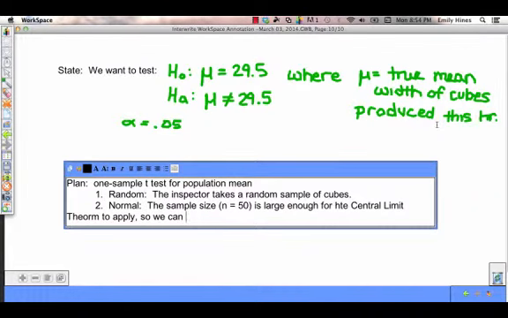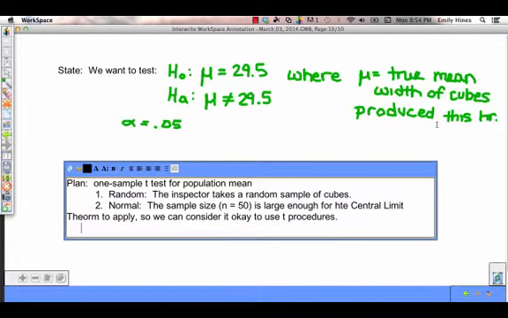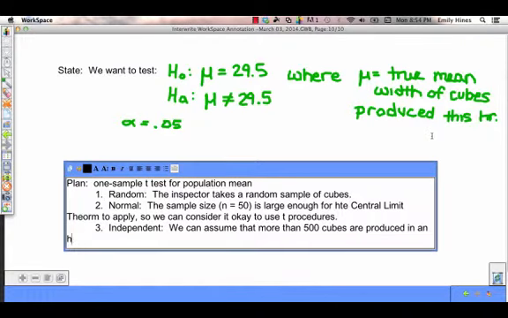So we can consider it okay to use t procedures. And 3, independent: we can assume that more than 500 cubes are produced in an hour. There are our conditions.